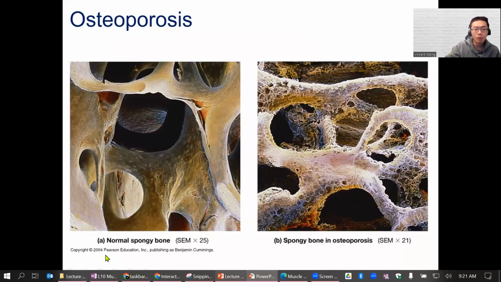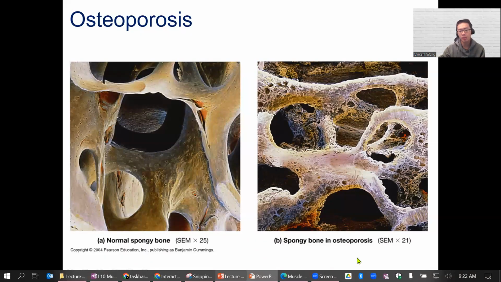Normal bone, a normal spongy bone. Remember, the spongy bones are usually found at the epiphysis of the bone, as well as towards the center of the bone when it transitions from compact bone to where your bone marrow is located. Right, there is a little bit of spongy bone there. That's what healthy spongy bone looks like.